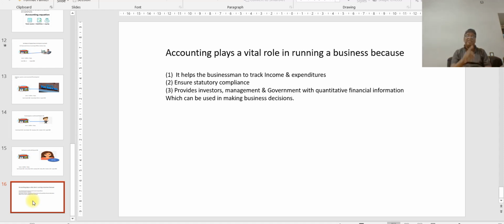It ensures statutory compliance, means it will adhere to the rules of paying tax and the rules governing the business that have to be carried out. Then it provides investors, management and government with quantitative financial information which can be used in making decisions for the business. So, thank you.